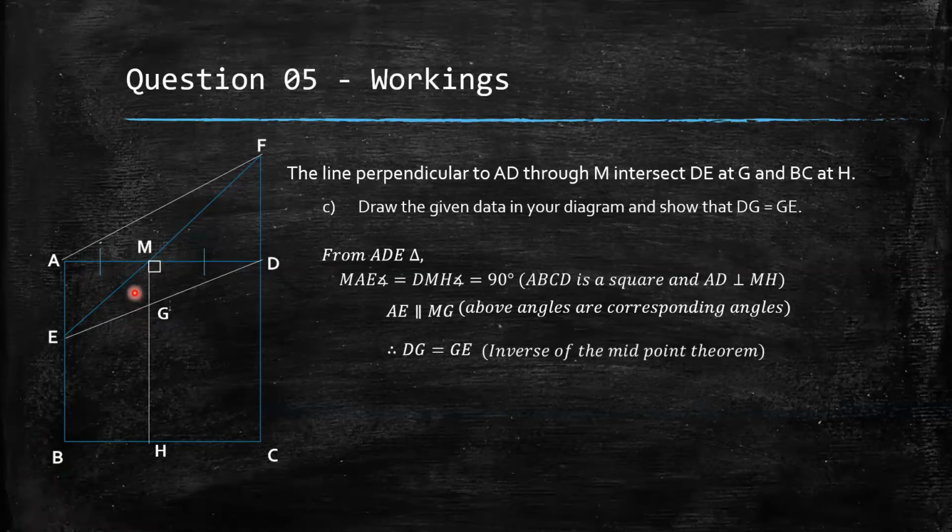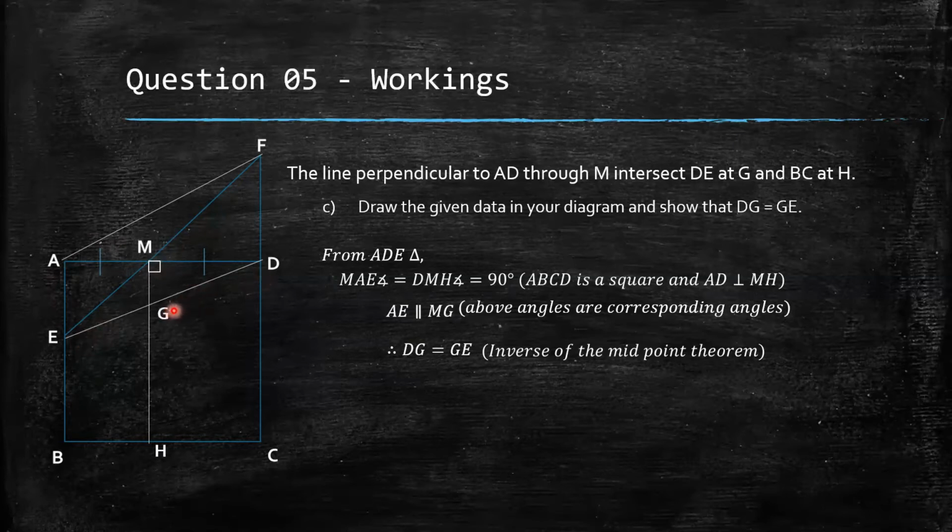Now, the midpoint theorem says that when you draw a line from the midpoint of a side of a triangle to the midpoint of another side of the triangle, the line becomes parallel to the third side of the triangle. The inverse says that when you draw a line from the midpoint of a side of a triangle and it is parallel to the third side, that line will bisect the opposite side.